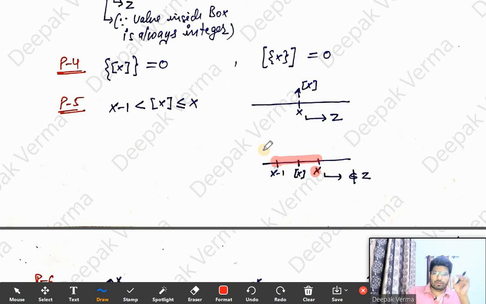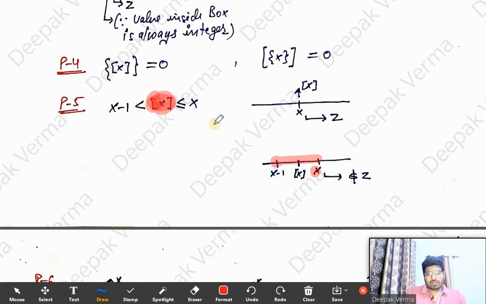Take any real value of x and start moving 1 unit towards the left. Whenever we move towards the left, in the case of the box, we will definitely get an integer on the left hand side. Same if we move towards the right, we will definitely get an integer within 1 unit distance.